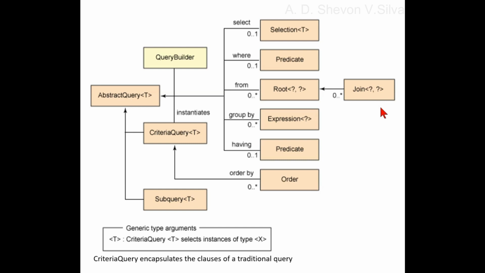Interface Join<Z, X>. Here Z is the source type of the join, and X is the target type of the join. A join to an entity, embeddable, or basic type.